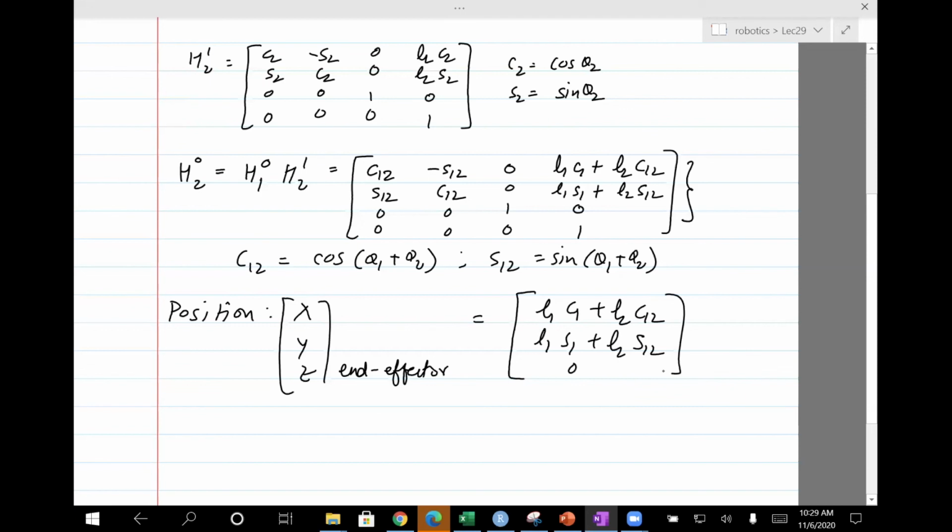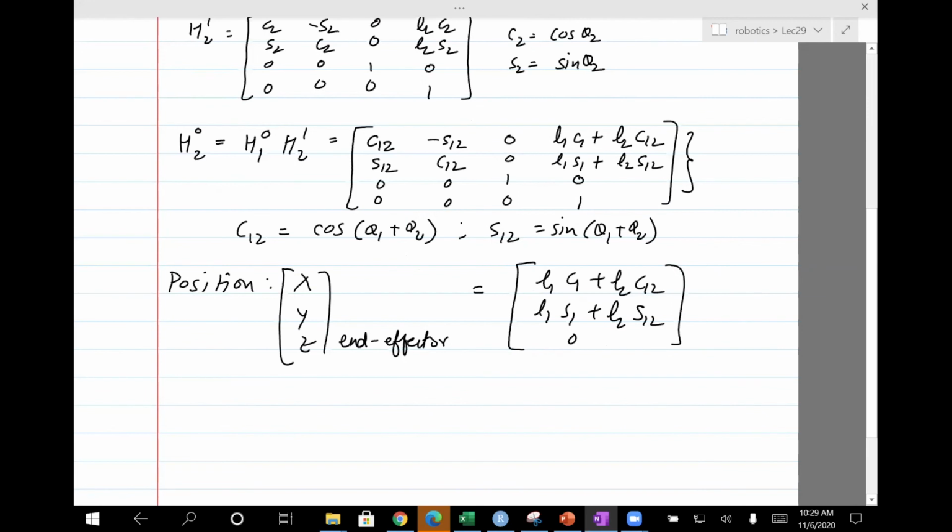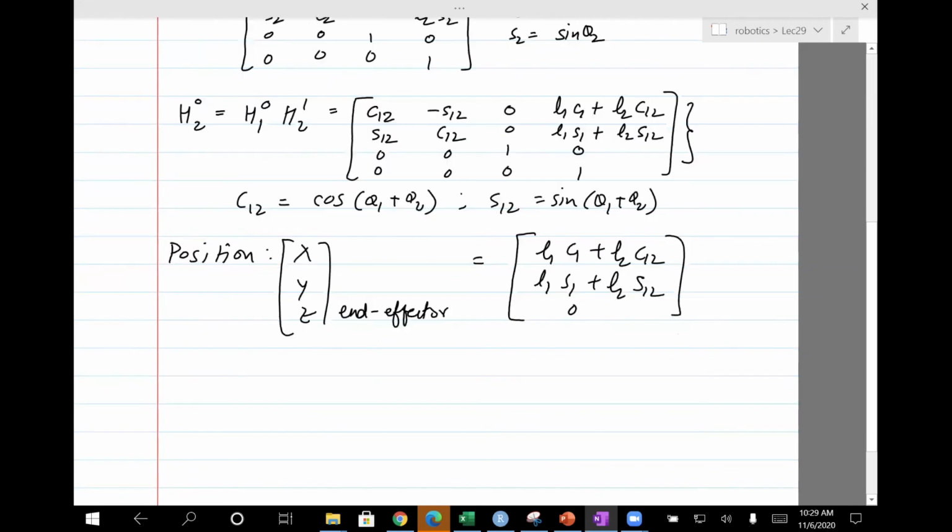If you check back with the formula I wrote down for the planar case, that's exactly the formula you get if you use the transformations we talked about in the earlier classes.